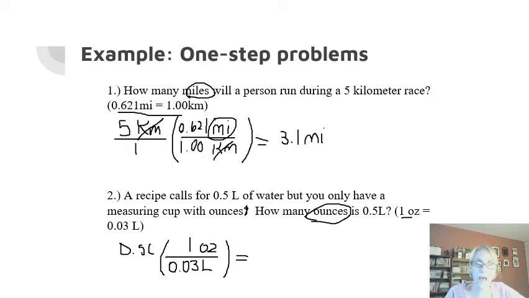And so we then have the liters cross out because they're diagonal to each other. We're left with ounces. And now we're going to take 0.5 and divide it by 0.03, and we get 16.67 ounces. And that kind of makes sense if you think about it. So a liter is about a quart. And so you basically have 2 cups and half a liter, half a quart. So that kind of makes sense.